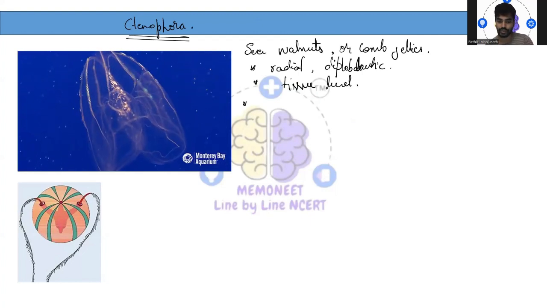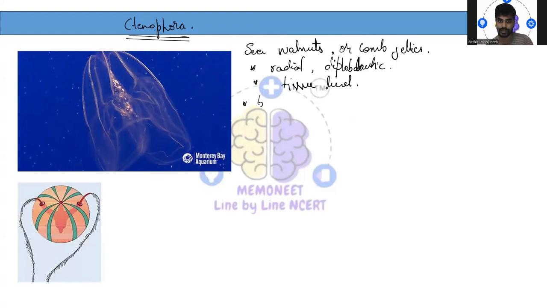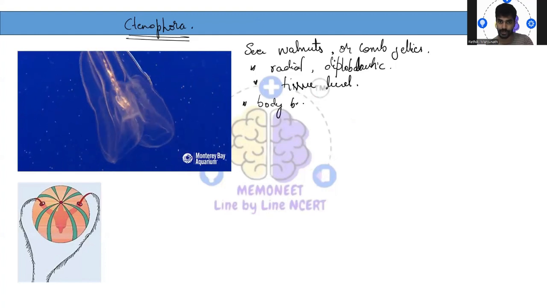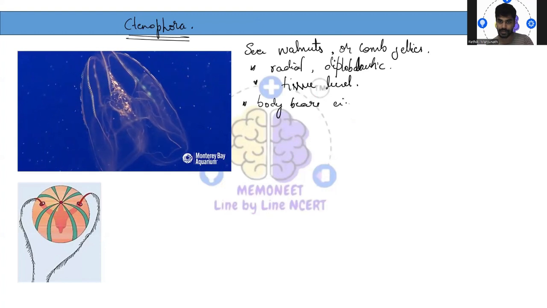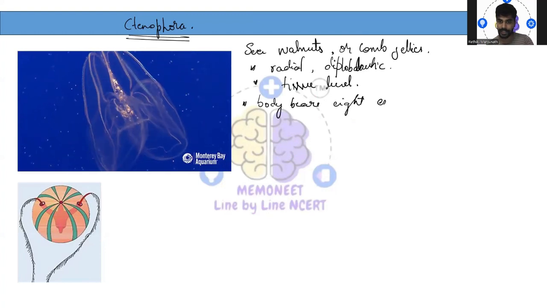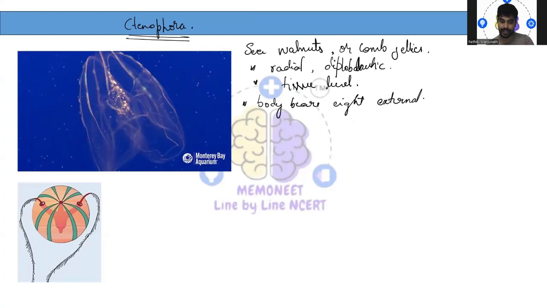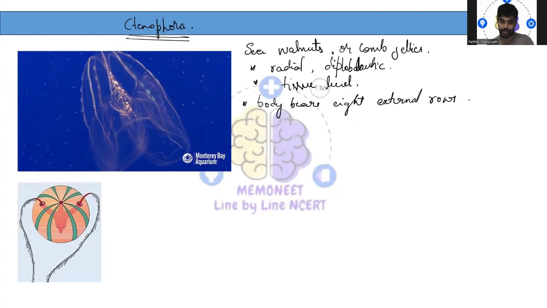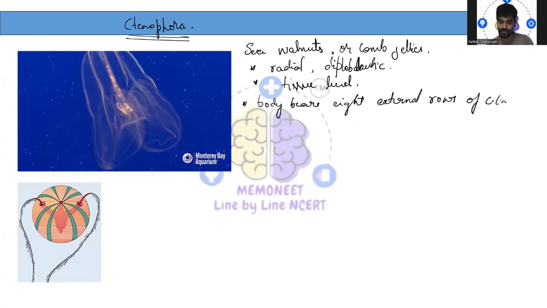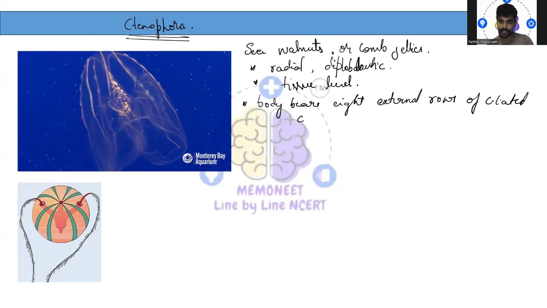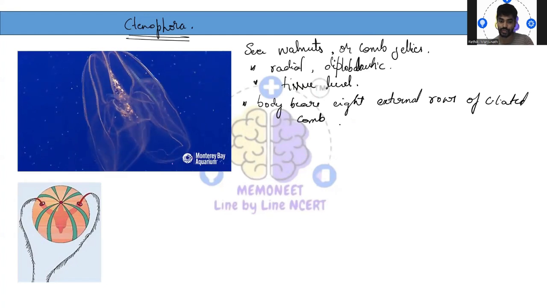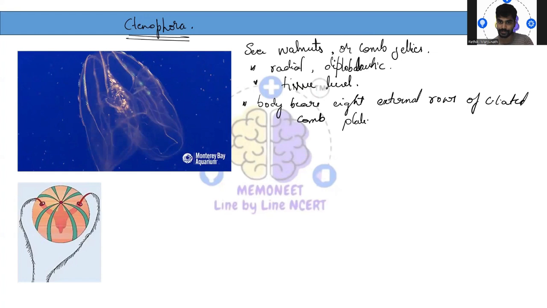Then the body bears 8 external rows of ciliated comb plates.